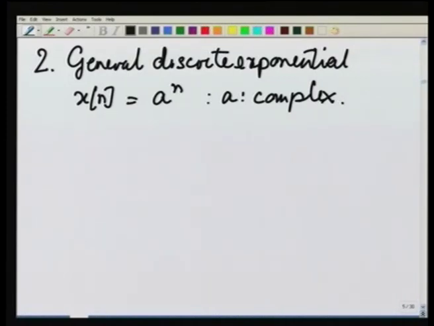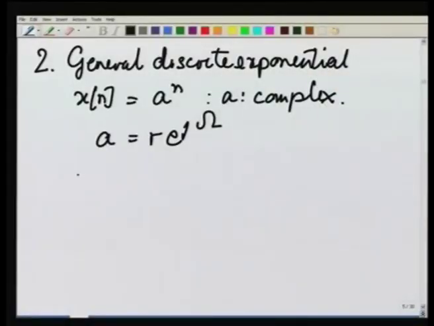So, when a is complex, we would say that a can have the general form r e to the j theta, or r e to the j omega. Now, when a is given by this, let us see what happens for different values of r, different values of omega, and so on.